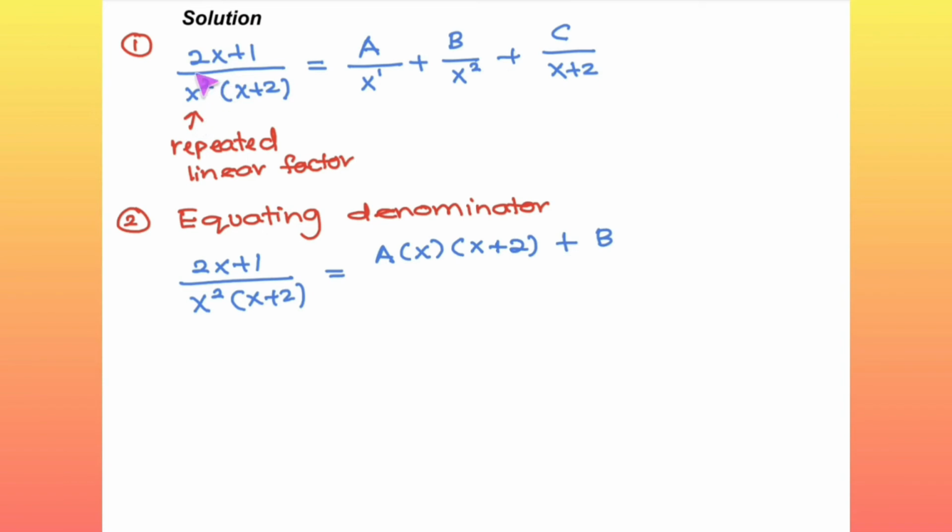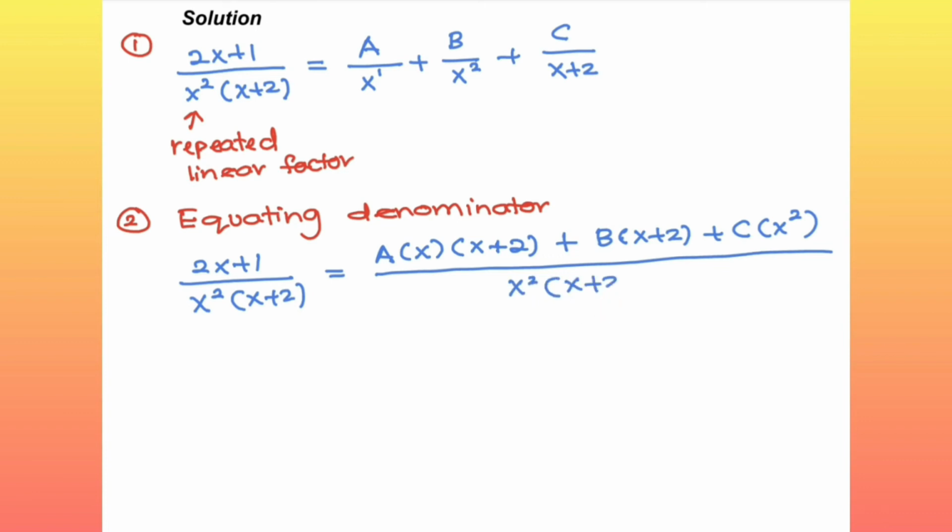So we only need to multiply with x plus 2. And c we already have x plus 2, right? So we just need to multiply with x power 2. Okay, so denominator here will be x squared times x plus 2. Okay, remember the denominator must be exactly the same as the denominator on the left hand side.